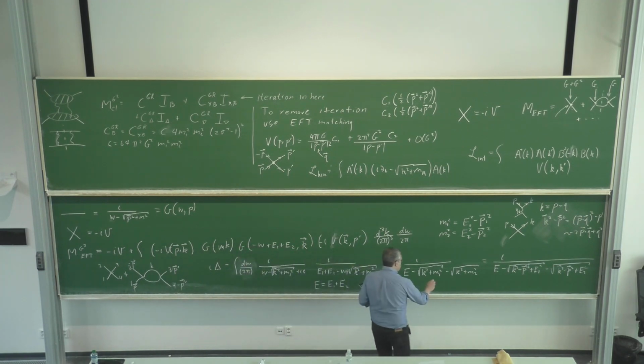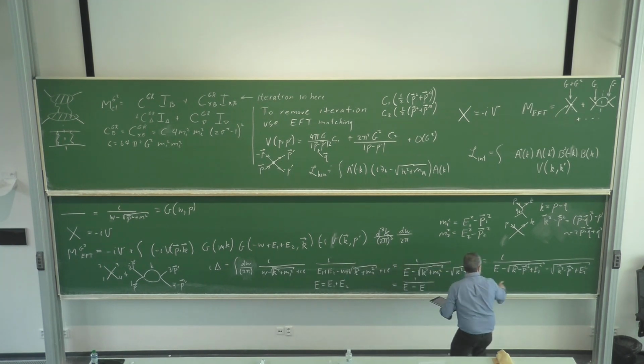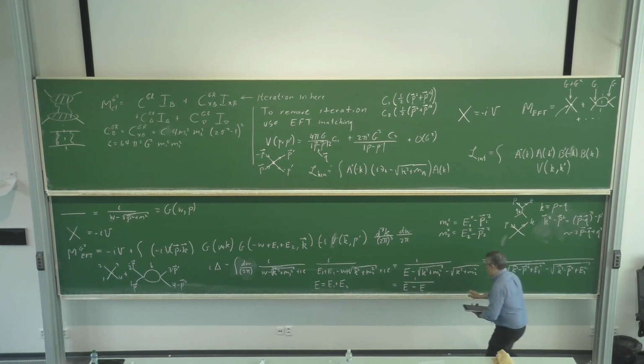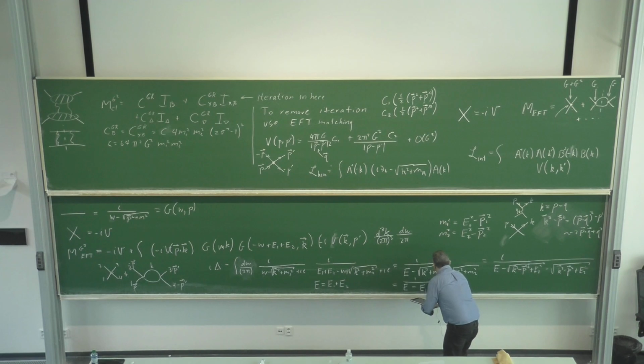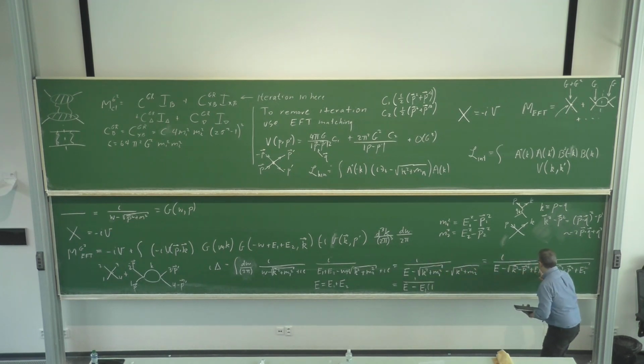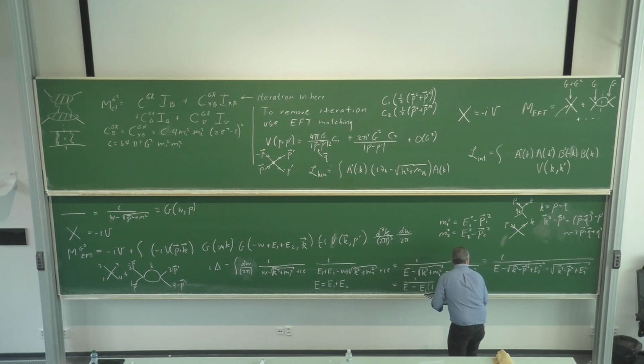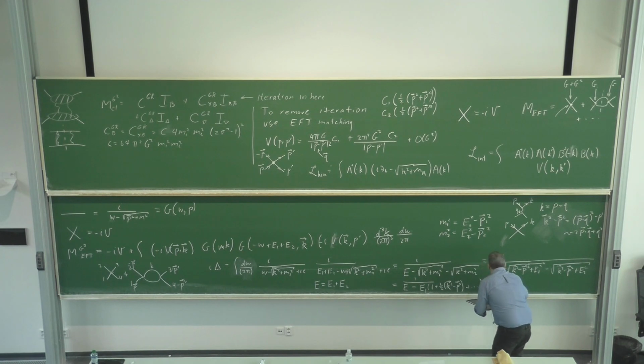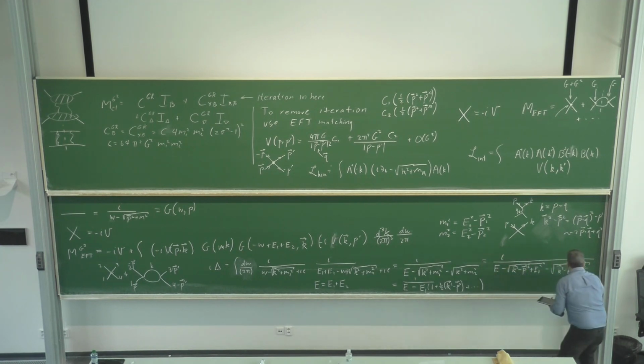If we series expand, this thing is going to be 1 over E, and then minus E1, pulling out the E1, and then the first term in the series expansion: this is small, this is the large thing we're pulling out, so that's going to be 1 plus 1/2, and then k squared minus p squared, plus dot, dot, dot.